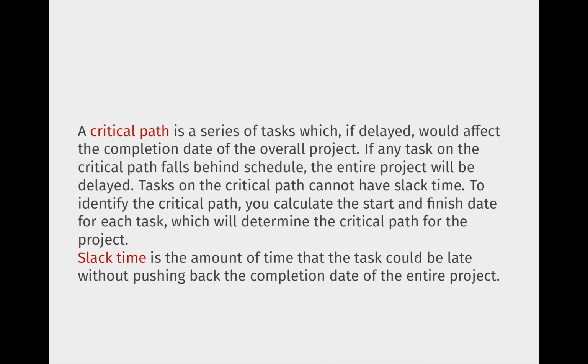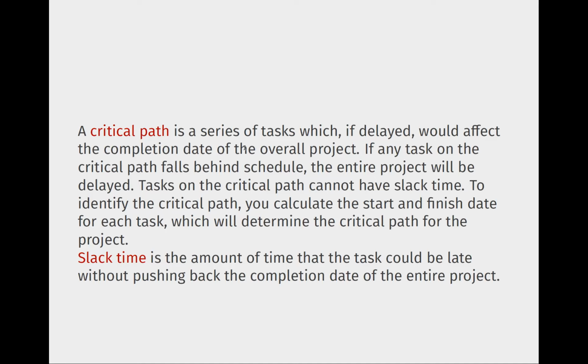So we talk about something called slack time here. Slack time means sometimes some tasks you can start after some time. You don't need to start at the same time. But when you talk about critical path, you cannot have any slack time, right? So you have to calculate the start and finish date for each task.